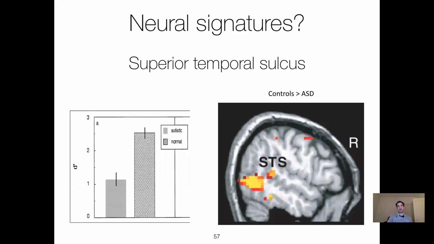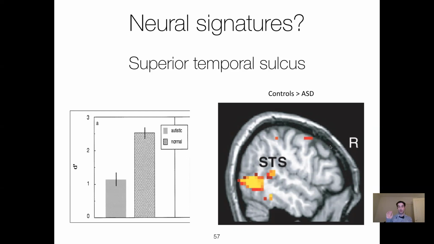And it actually turns out that if you then look in the superior temporal sulcus, you find that that particular part of the brain is generally more active in control subjects than in people who have some form of autism. So it seems as if maybe part of the reason that they're not as good at differentiating between biological and scrambled motion is because the region that is involved in processing biological motion, the STS, is not firing as much as it is in control populations relative to autistics.